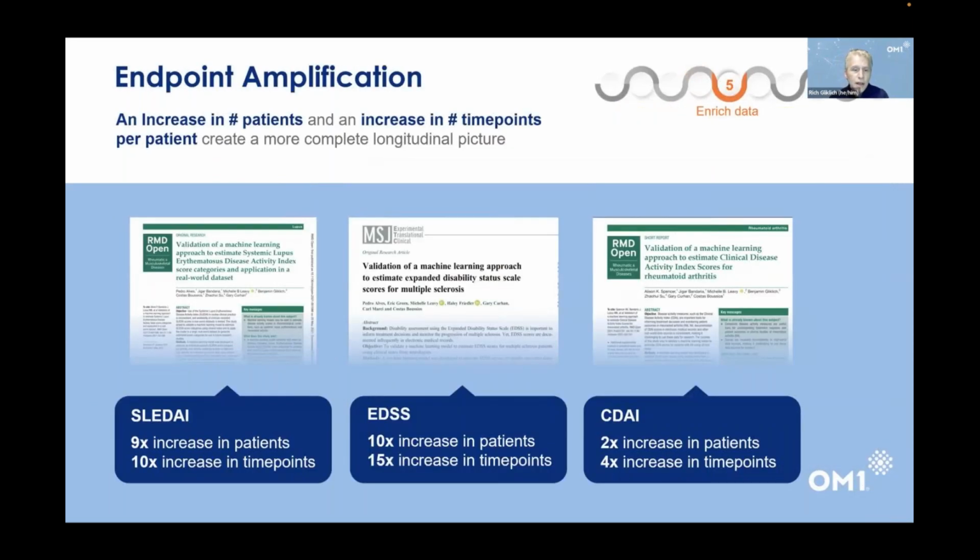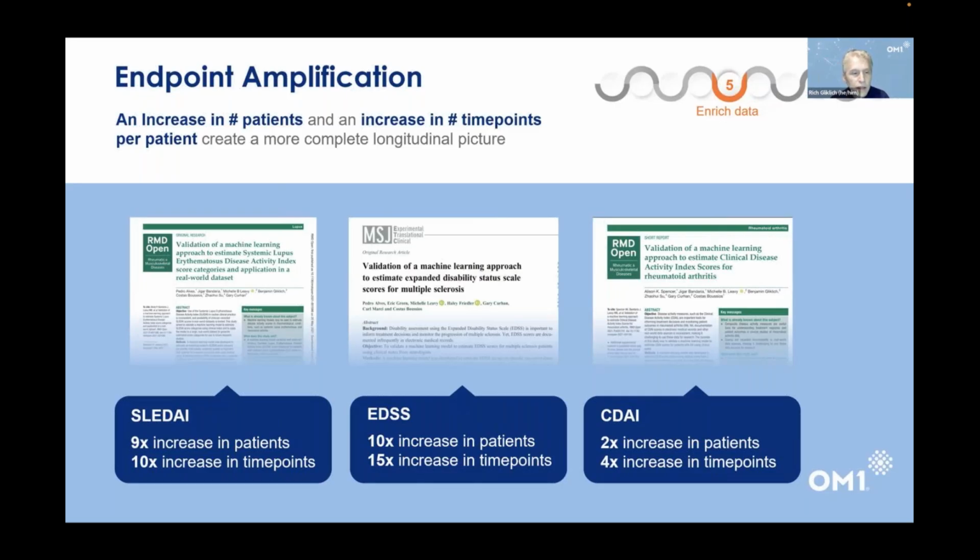Another technology that we have been advocating for several years is endpoint amplification. And what this means is we take the unstructured note or the clinical narrative, what the clinician reports to the medical record in straight text and dictation, and from that, we're able to extract, using a version of sentiment analysis, specific endpoints that are outcomes.